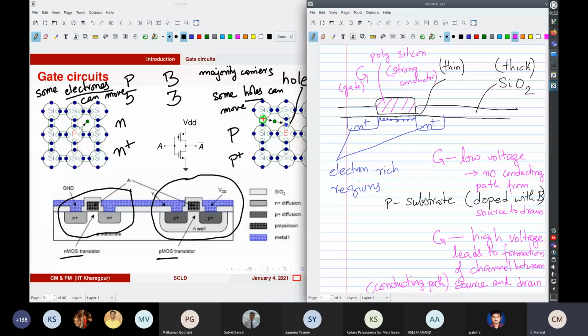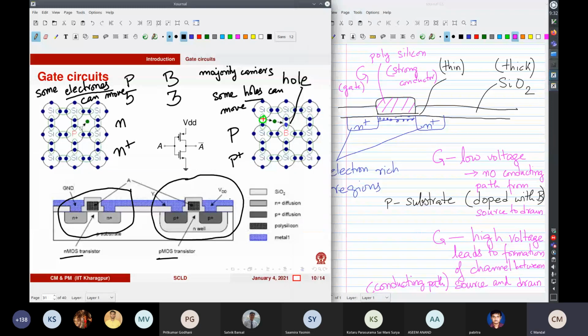The PMOS transistor also behaves in a similar way, except that instead of electrons, you have holes. In p-type silicon, you have more holes, which are positively charged.